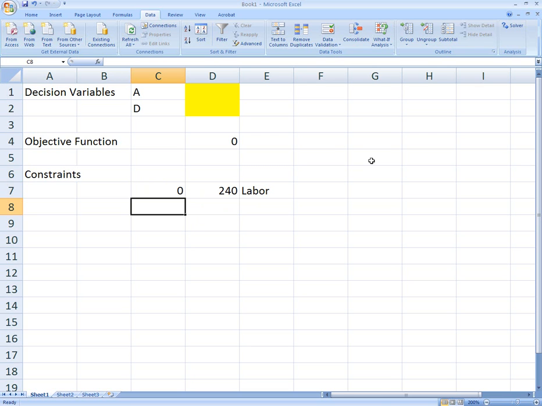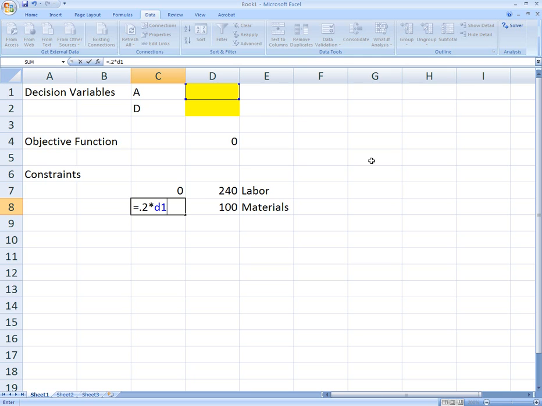Okay, the next constraint I have is materials. Let's say I only have 100 yards of materials to use, so that I can't make more shoes without materials. So in cell C8 I want to put a formula that computes the amount of materials I use for a given product mix. So I know that it takes 0.2 yards of material to make a pair of athletic shoes.